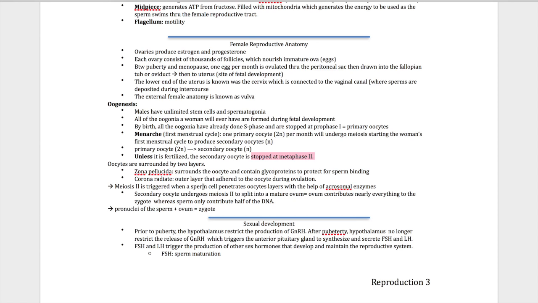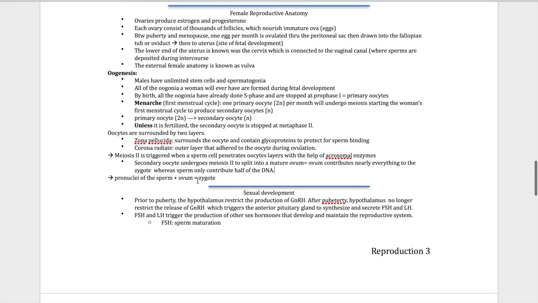Well, you can read this. Meiosis 2 is triggered when the sperm penetrates the oocyte layer with the help of the acrosomal enzyme that we talked about earlier, right? Sperm plus egg, you form a zygote, right?